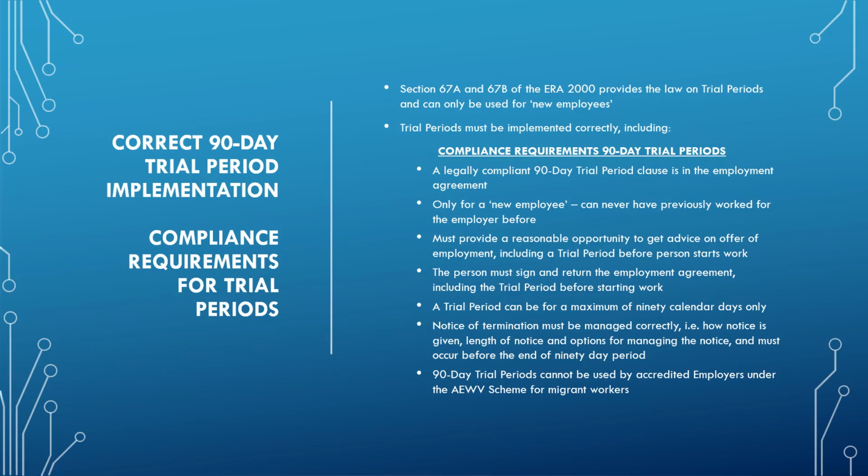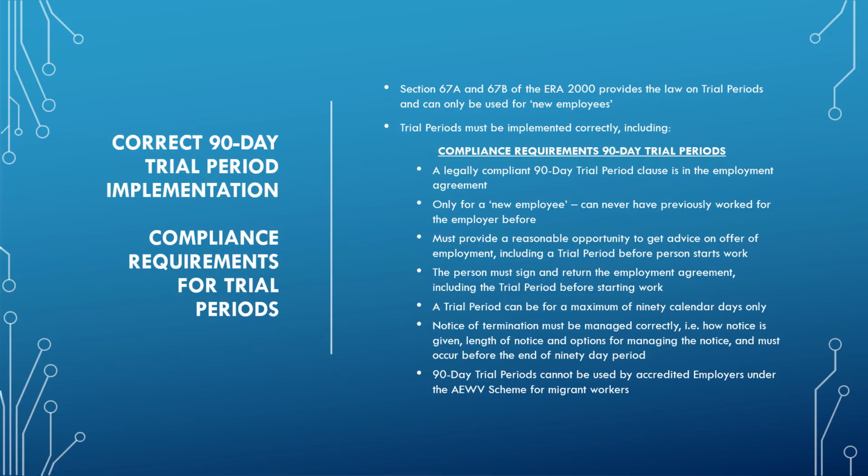For example, if the employee is required to work out the notice period, perhaps if there's a contractual mechanism inside the trial period clause that allows payment for all or part of the notice period, the employer might look at doing that, or garden leave perhaps as well. These things need to be considered and managed correctly by the employer. And notice of termination must occur before the end of the 90-day period, which is again something to check before giving an employee notice of termination under a 90-day trial period.